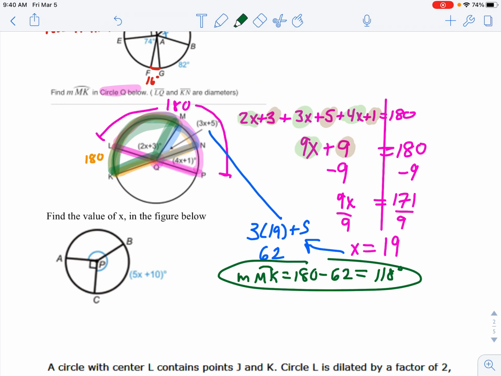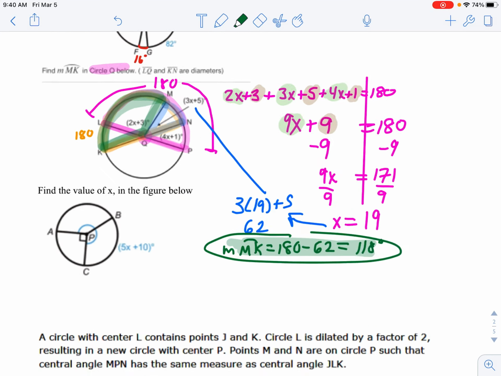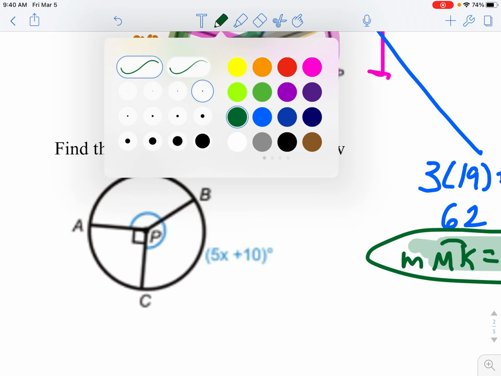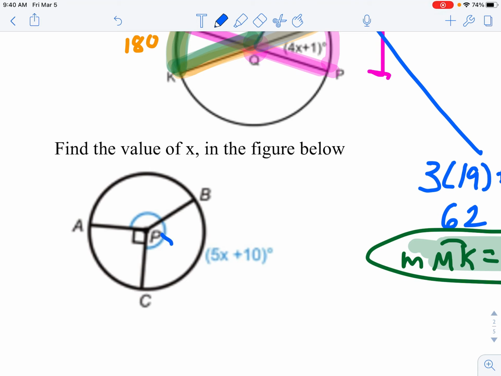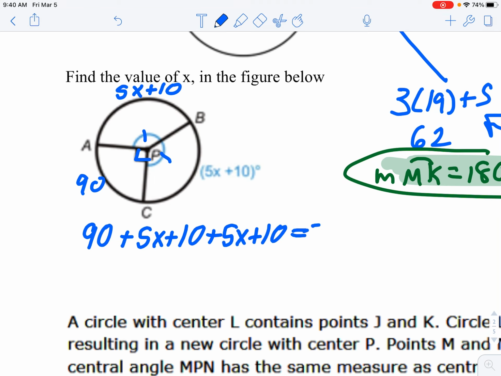Woo, yay. And then right here, we're going to find the value of x in the figure below. The way we can interpret this is that those two angles are the same, so that's also 5x plus 10. That's 90 degrees because it's a right angle. So we do 90 plus 5x plus 10 plus 5x plus 10 equals 360, the full circle.